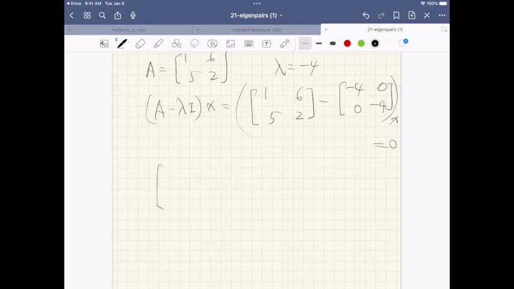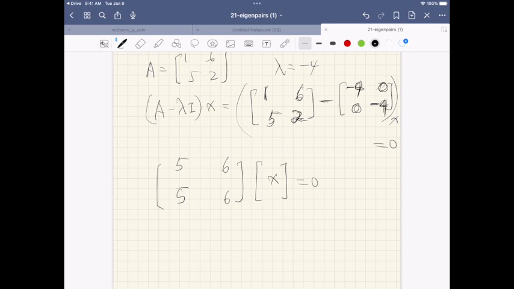So 1 minus -4 is 1 plus 4, which is 5, and 6 minus 0 is 6, and 5 minus 0 is 5, and 2 minus -4 means 2 plus 4, which is 6, and x equals 0.